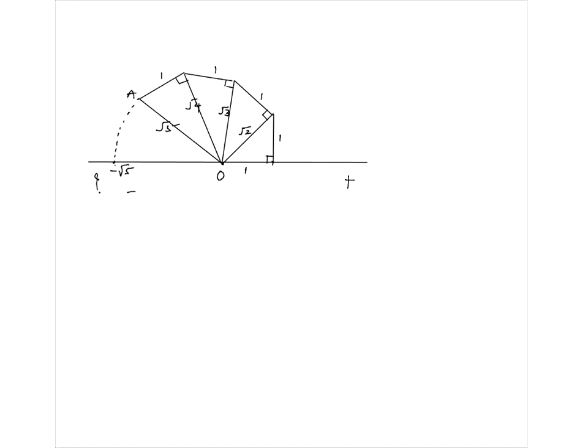Then to get √17, how many triangles of this type do I need to draw? 16. Okay, anybody else? 16 small triangles. 16. Okay, anybody else?